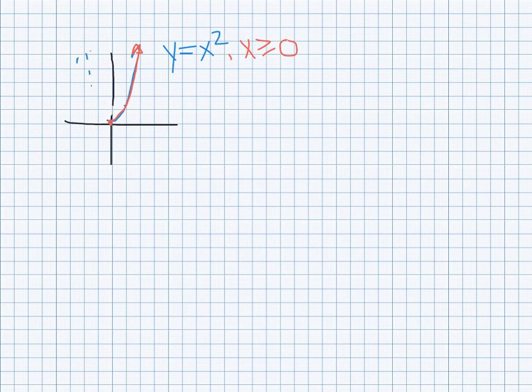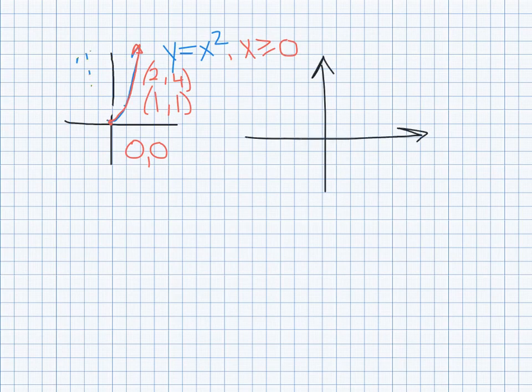Let's grab a pen. Let's start labeling some points. On my parabola, of course, I had 0, 0, I had 1, 1, and I had 2, 4. So when I go to the square root, or what I'm expecting to be a square root function, let's make sure we've labeled this one as f.